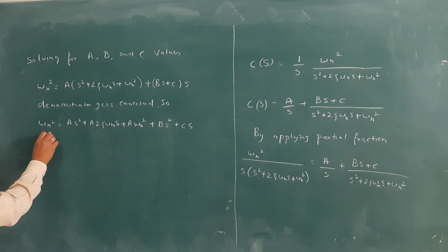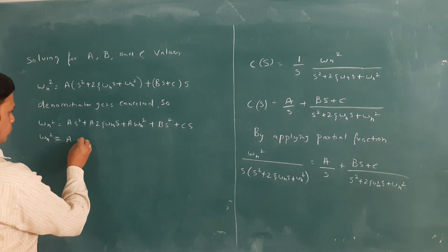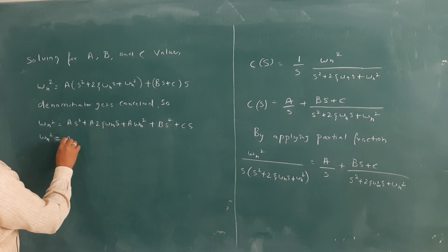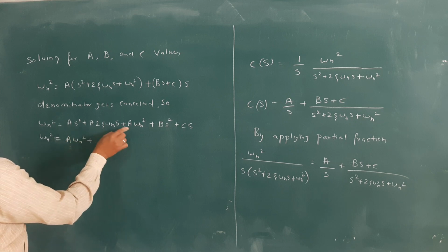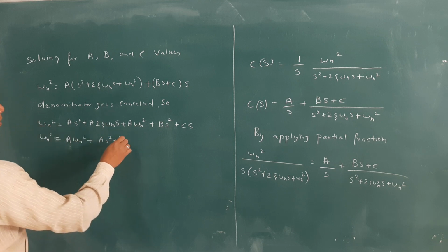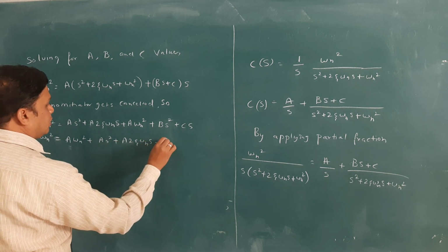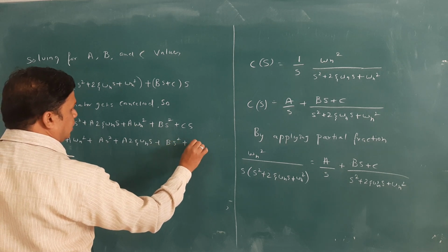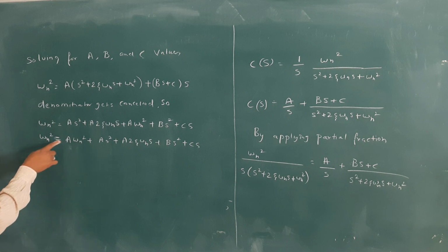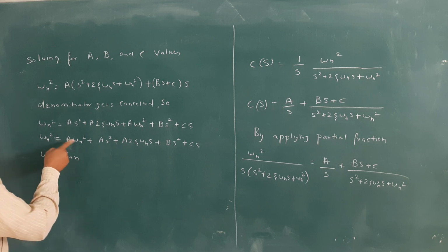Omega n square is equal to a into omega n square plus as square plus a into 2 zeta omega n s plus bs square plus cs. Now the coefficient of omega n square is 1 on one side and a on the other, so we can write a is equal to 1, equating the omega n square terms.